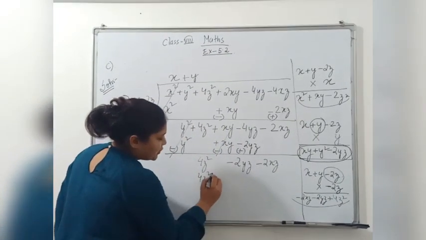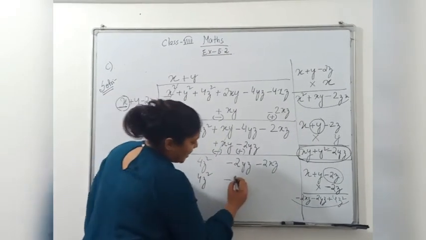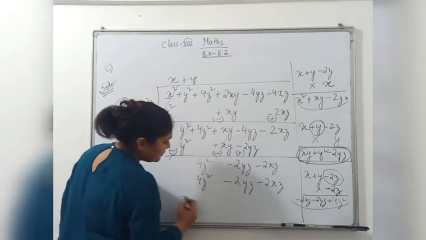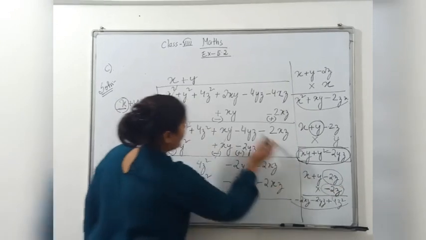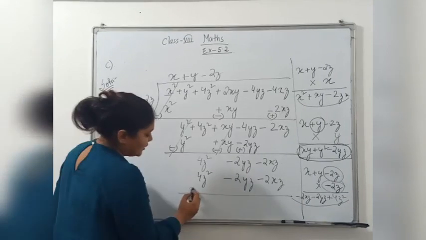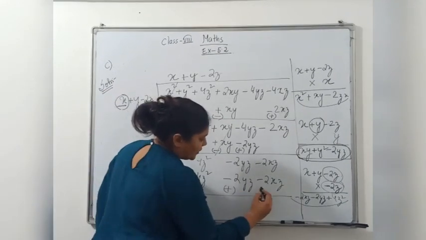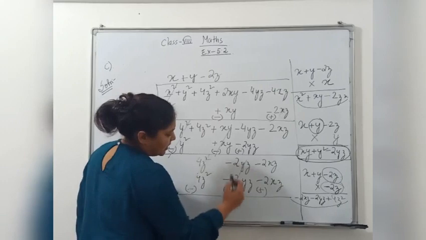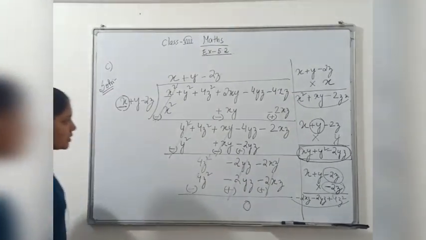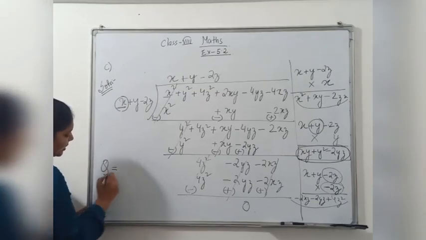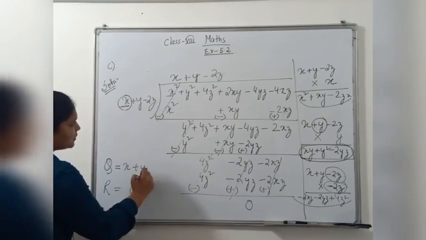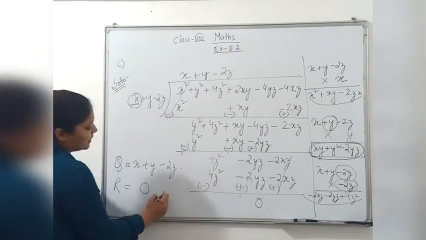Plus 4z square, then minus 2yz, minus 2xz. Now we will change the sign. After changing the sign, we can cancel them now. Just see, opposite sign, same numbers. Answer is 0. So what is your quotient here? Remainder is 0 and quotient is x plus y minus 2z.